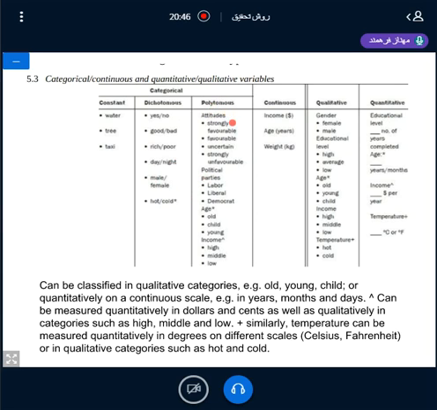And type number 3, polytomous, you can see attitude, for example, and uncertain, and so on.